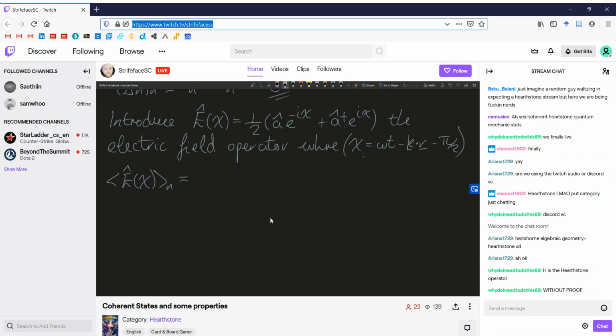So a half is just a scalar. We can pull that out the front. Now, what we're going to be doing is sandwiching the operator in between.